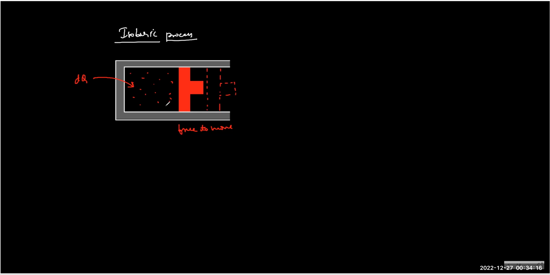Whom do you compress? The surrounding, the atmosphere. And because you're compressing the atmosphere, you're giving some energy to the process. In the process of compressing something, we need to spend some energy. So the boundary has moved, and we say that in the process of shifting, some work is performed.